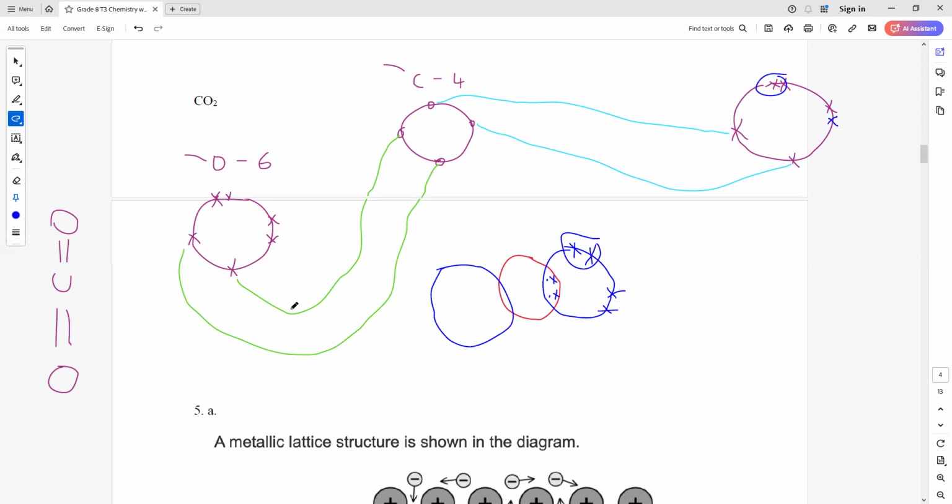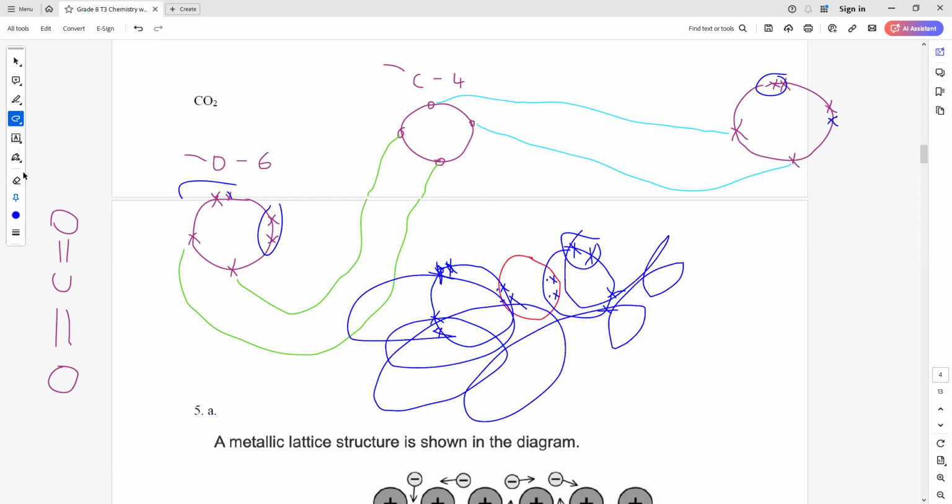This pair of electrons belongs to both this carbon atom and this oxygen atom. Again, this sharing, so here a dot and a cross. Again, you see this and this should be drawn separately on the oxygen atom, so I have to use crosses. So likewise, you can try the rest of the questions also.